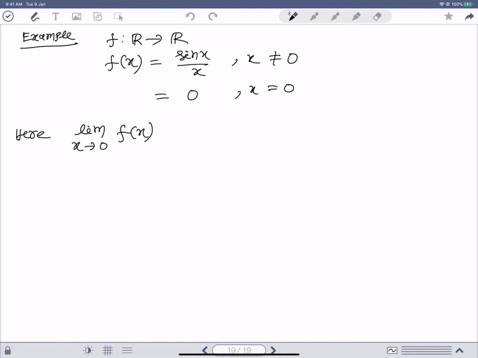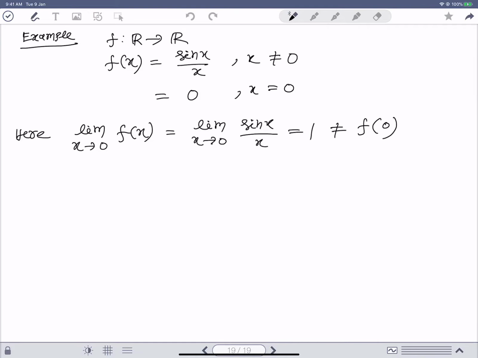We have proved that this limit is 1, but this is not equal to f of 0, right? Since the limit of this function exists but is not equal to f of 0, we can redefine a function, say g of x equal to sin x by x if x is not equal to 0 and equal to 1 if x equal to 0. Then that will be a continuous function.